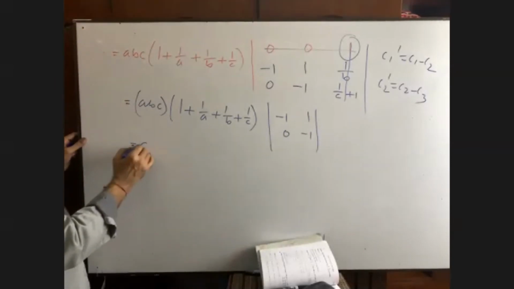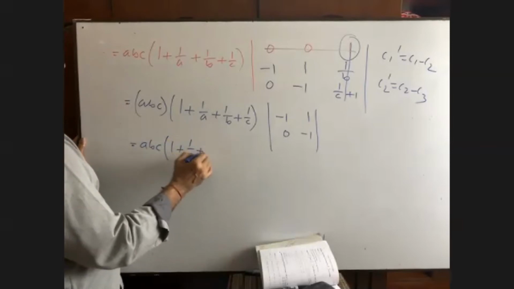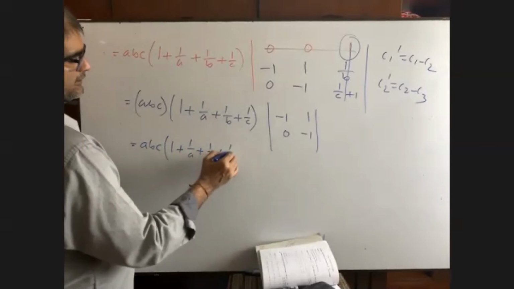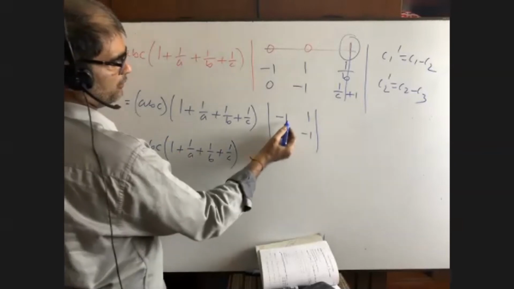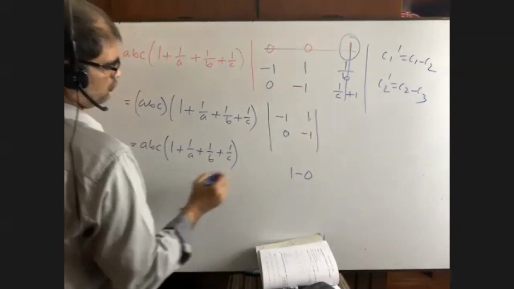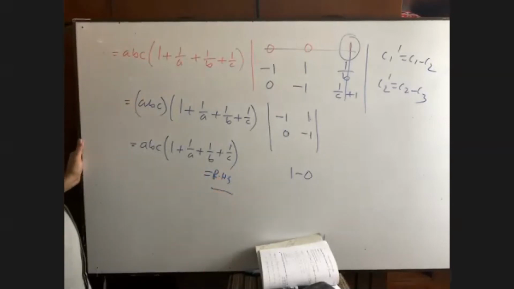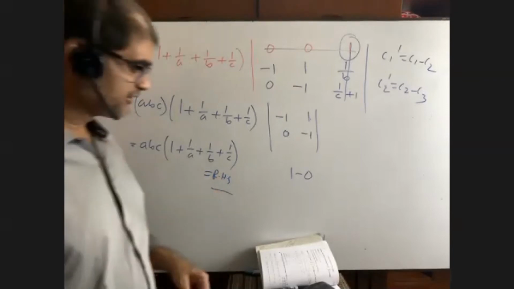Now you calculate that part. What will be the result? By calculating the determinant, we'll get minus 1, 1, minus 0. 1 minus 0 means 1. So it equals the right hand side. Our math is done. If we multiply by 1, we'll get the same.